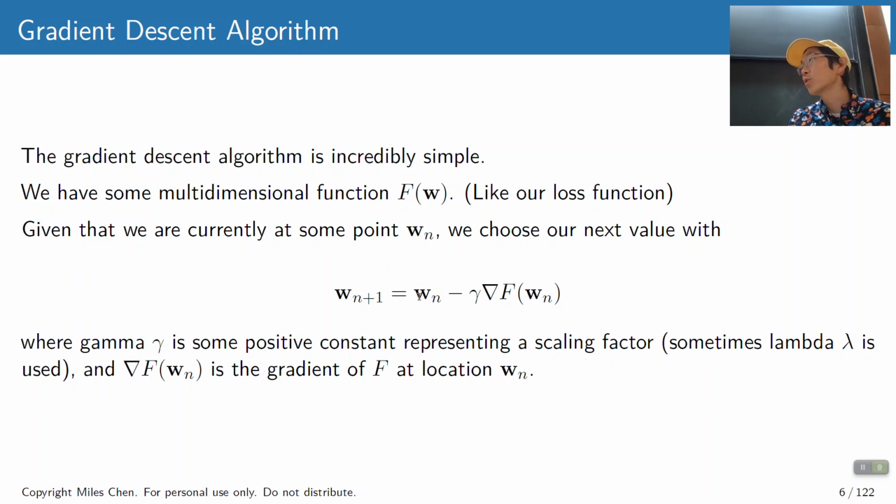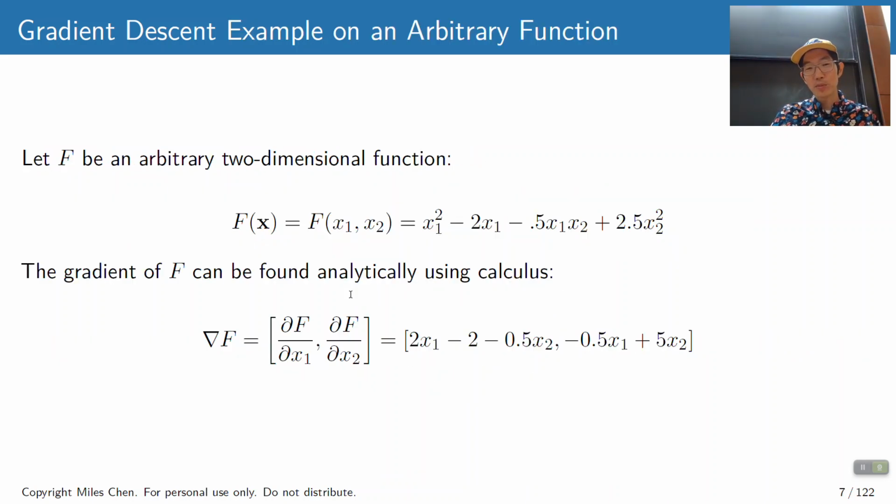So take your current location and move a step opposite of the gradient. The gradient points uphill, and we move a step in the opposite direction. Just subtract off a constant times the gradient at the current location, and that gives you the next location. That's the entirety of the gradient descent algorithm, just this one line: current location minus gamma times gradient at the current location is your next location.